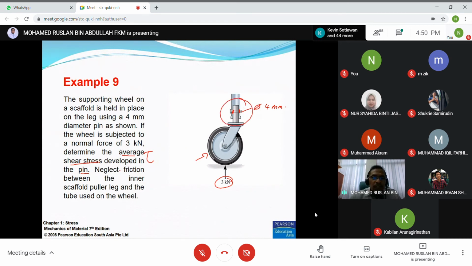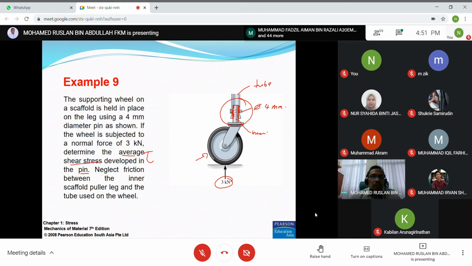Neglect the friction between the inner scaffold, the pulley leg, and the tube. So this is the tube. It means that there is no friction here. We assume that it is smooth, with no friction between the inner scaffold and the tube.